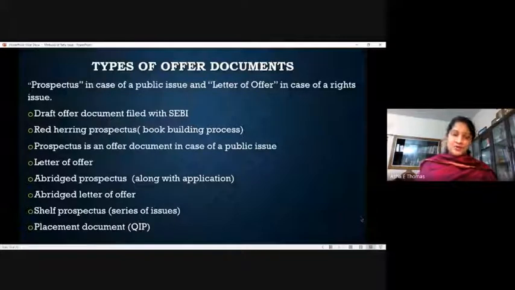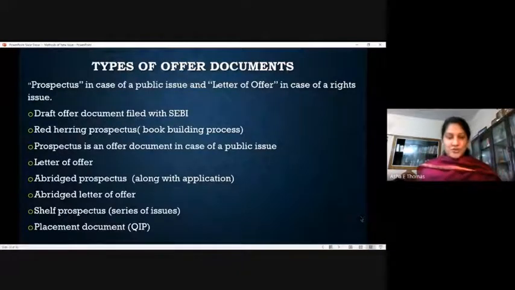At times of qualified institutional placement, the prospectus will be called a placement document. It contains more or less similar details, which talk about how the company is going to utilize this fund, and the plans for the company associated with this particular offer. All these details will be given in that.